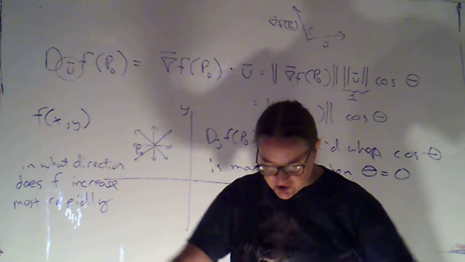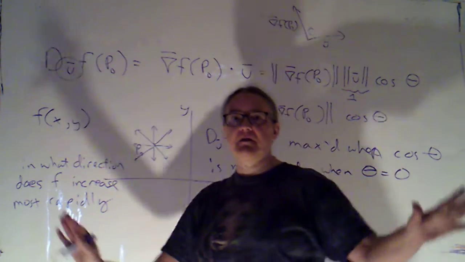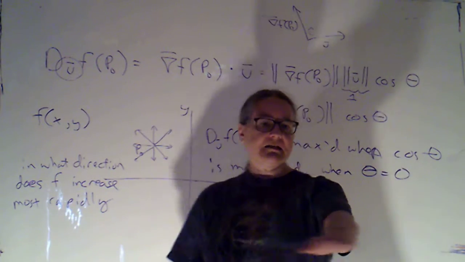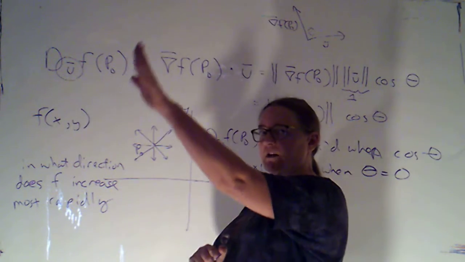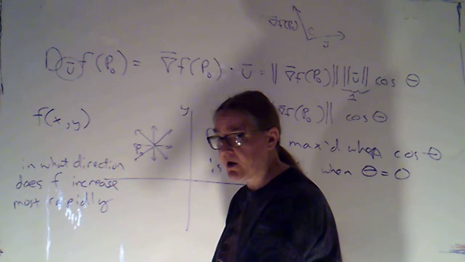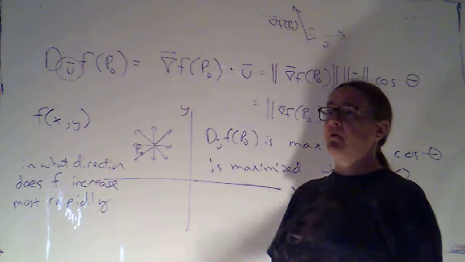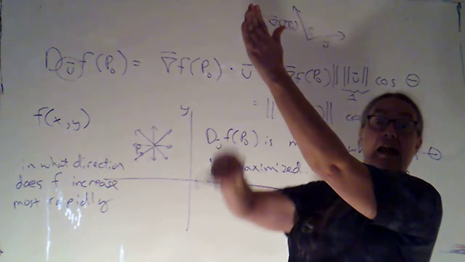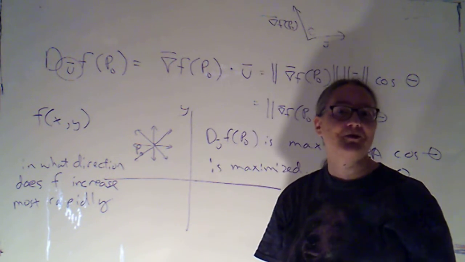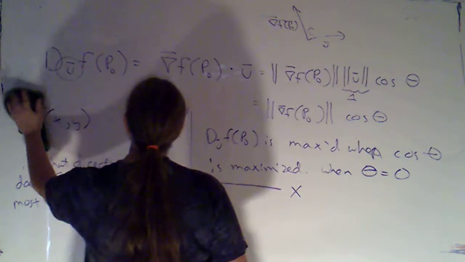If I imagine the Earth at sea level as being a plane underneath this mountain, it's going to be the direction that I need to point myself this way. It wouldn't have any upward or downward component, but if I put myself this way, that's the direction in which my elevation will increase the most rapidly.